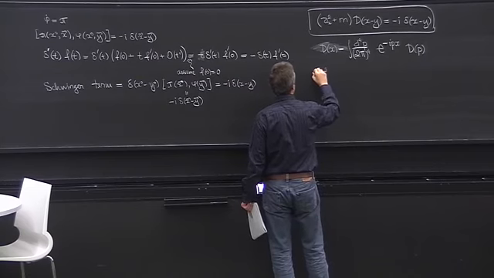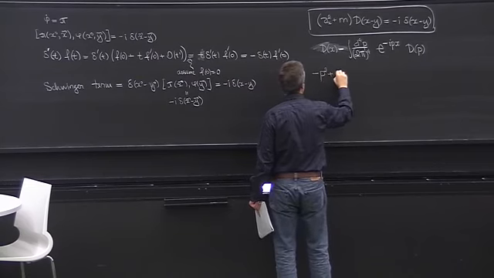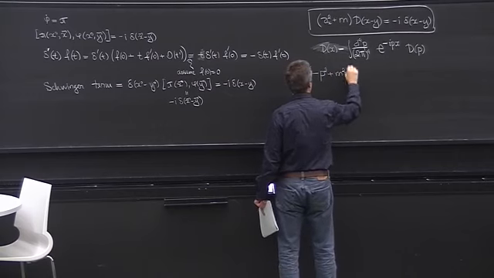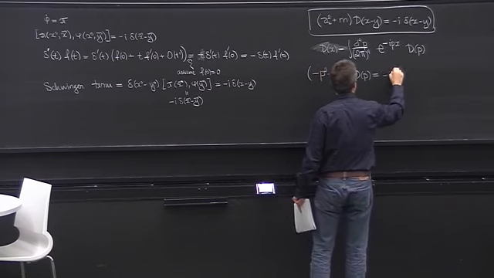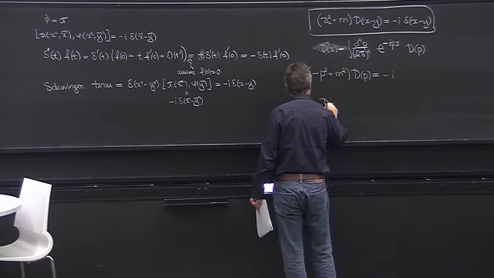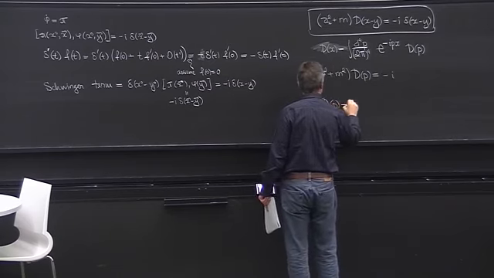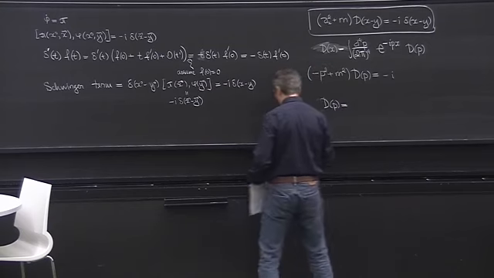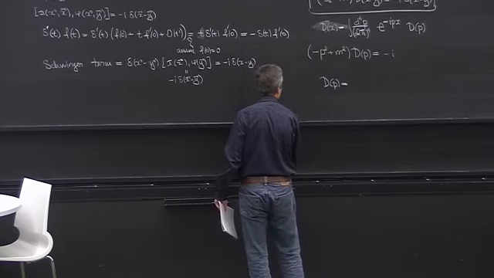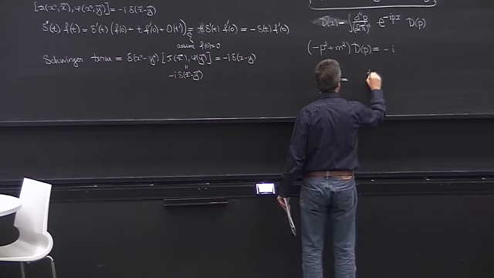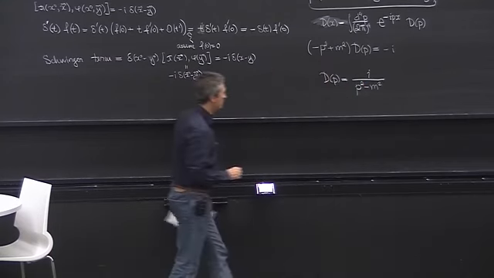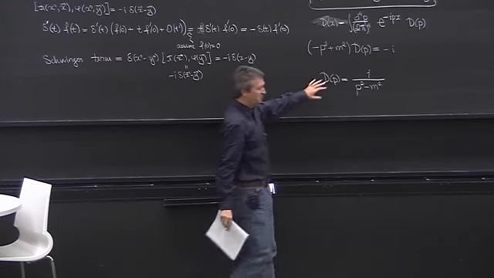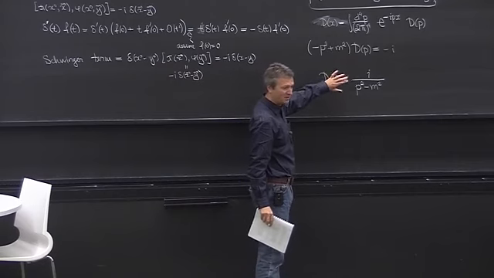Here we'll have minus p squared plus m squared, D of p, is equal to minus I. So we get that the Fourier image of the propagator is a simple algebraic function. So that's one of the most important formulas in quantum field theory.